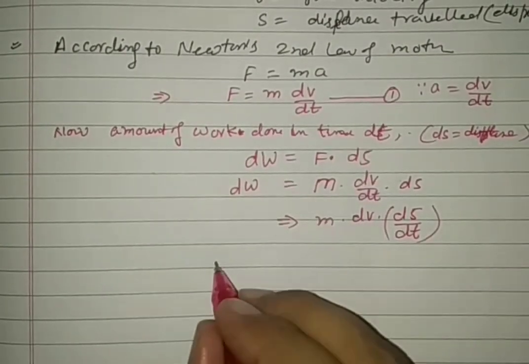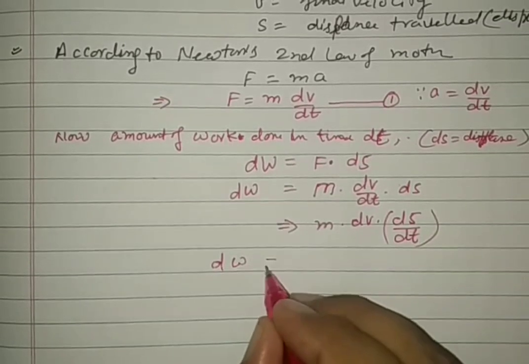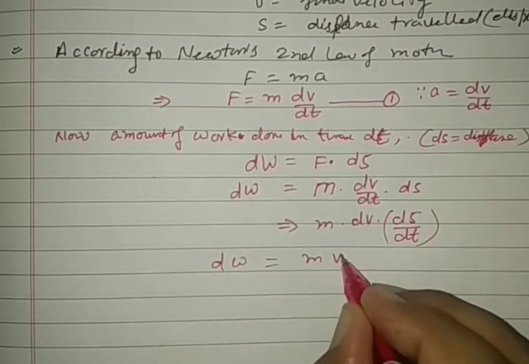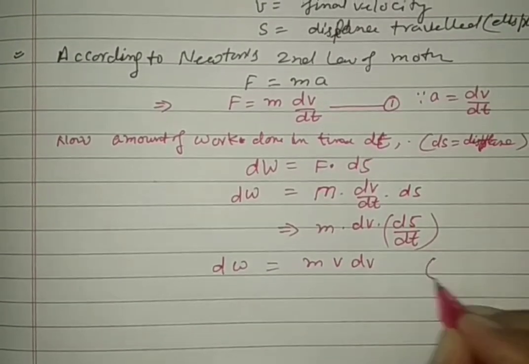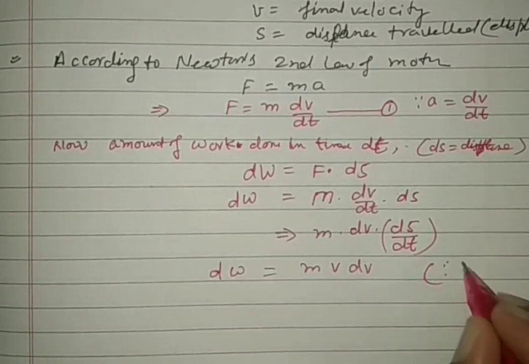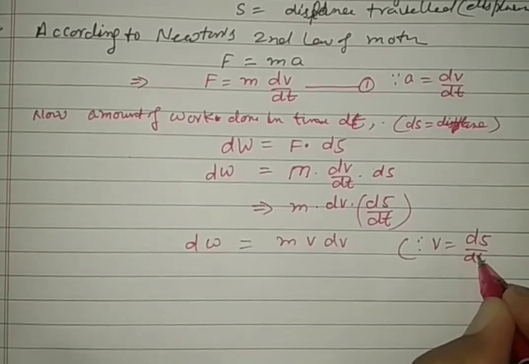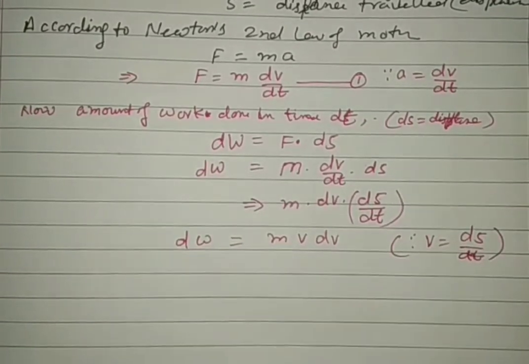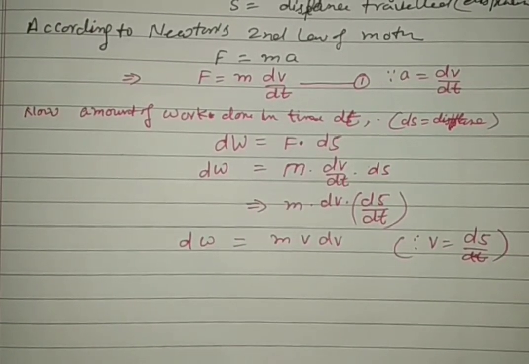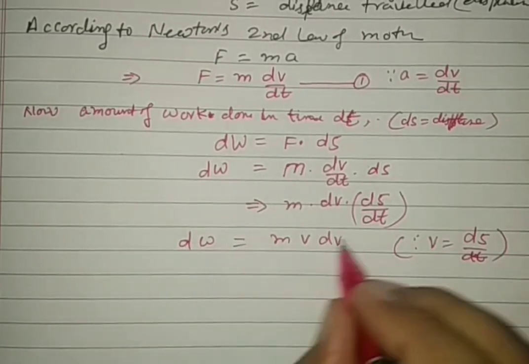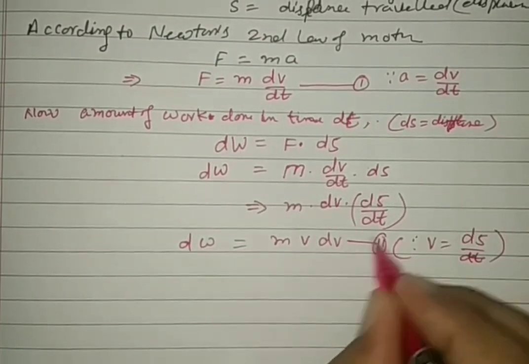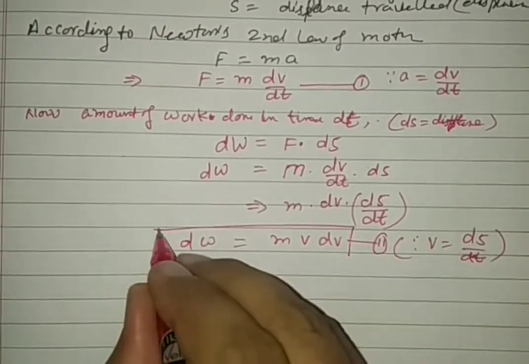Now we may write dW is equal to m v dv, because v is equal to ds by dt. Velocity is equal to displacement by time. See this as equation number 2.